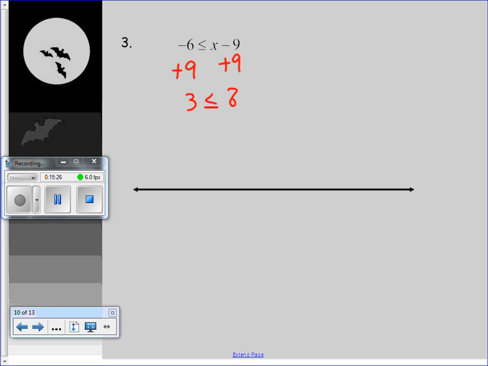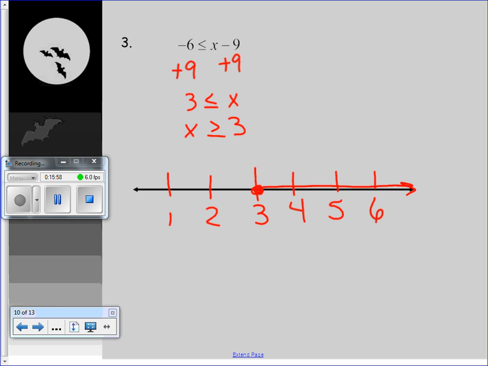Closed circle because x is greater than or equal to 3.